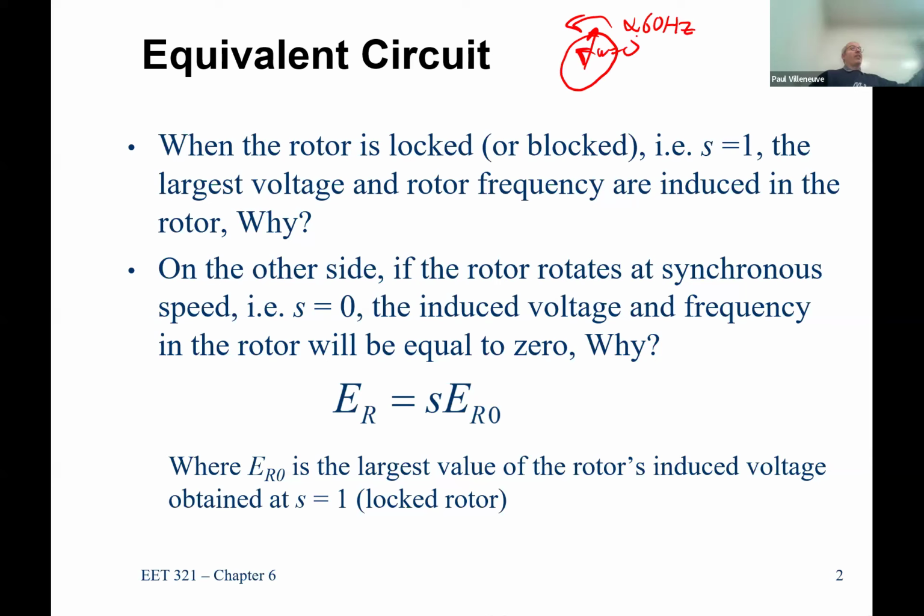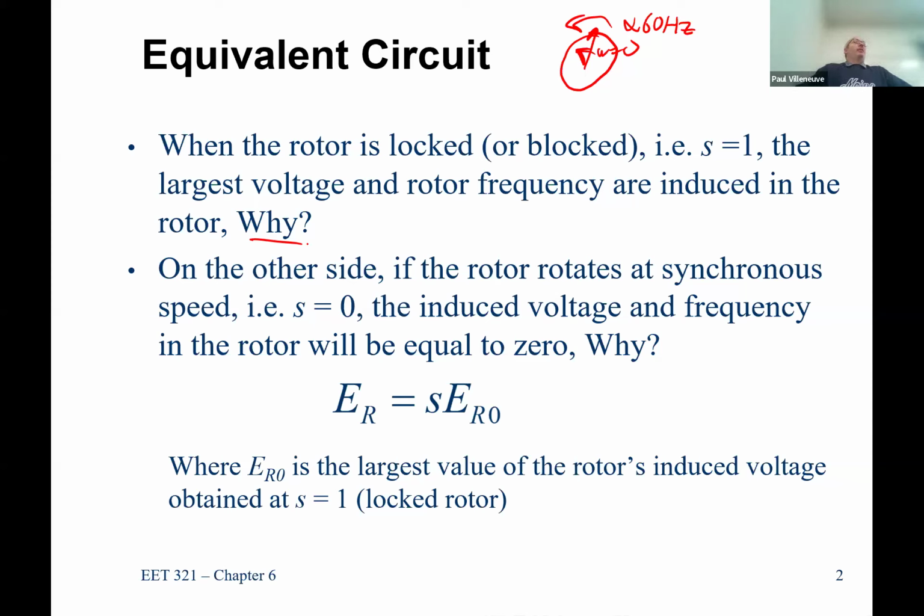Because the other thing is spinning around at 60 and you're not moving at all. So maximum current, maximum voltage you're going to generate. That's going to be the highest value in terms of voltage and frequency that you're going to experience.